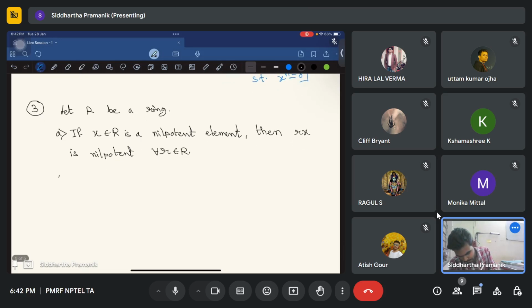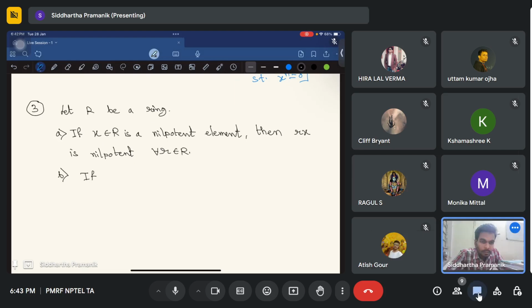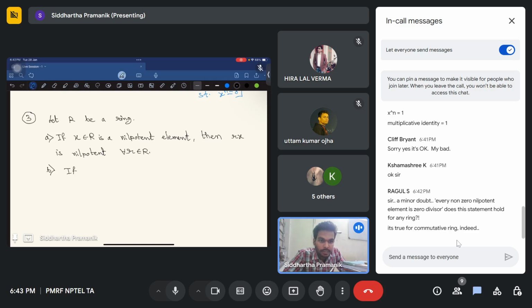Second, if you take two nilpotent elements... Every non-zero element is a zero divisor. Does this statement hold for any ring?